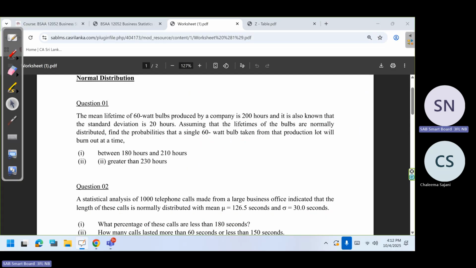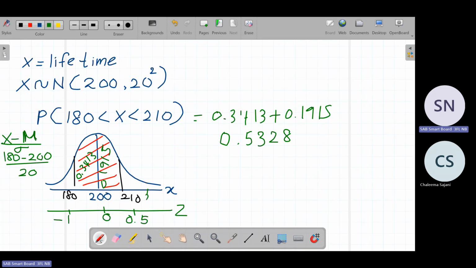Next one is greater than 230. Then we can say there is 230. Okay. Then what is the z value of 230? 1.5. What is the probability value? 0.4332.